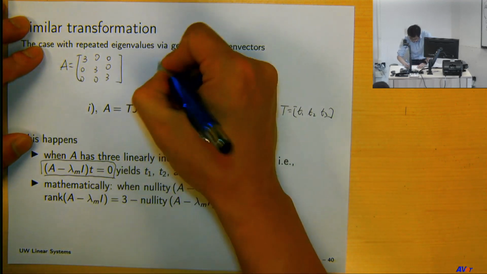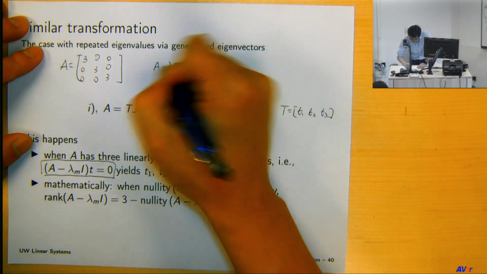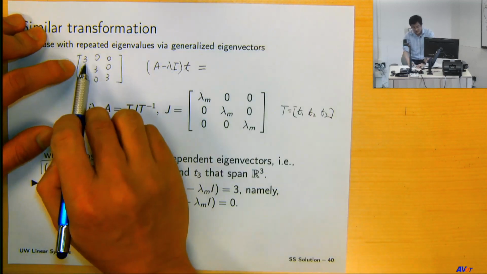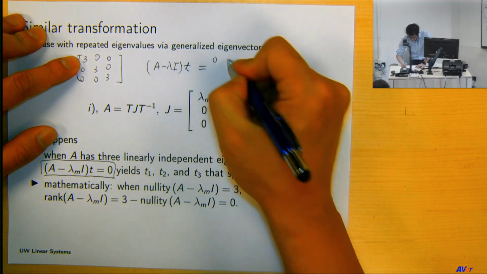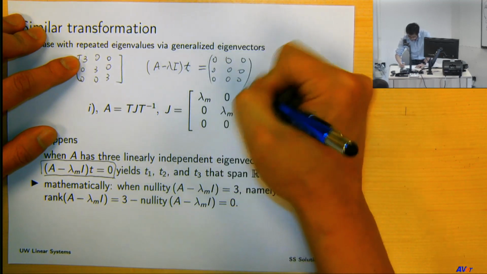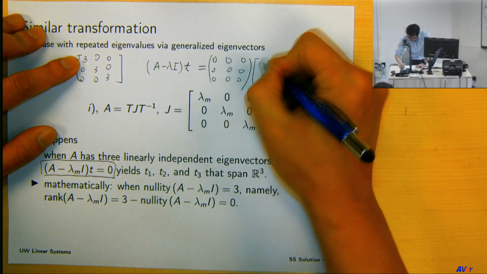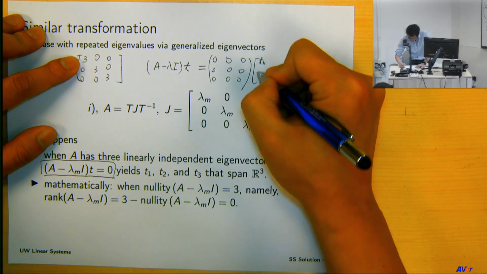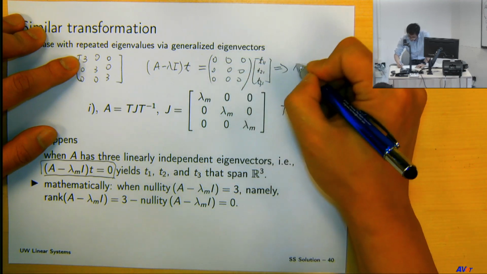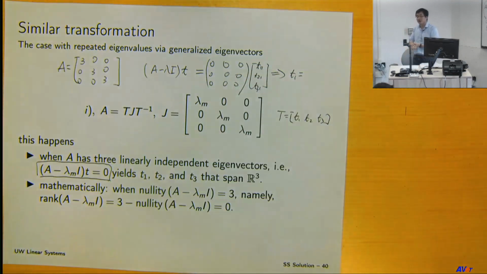So let's see. A minus lambda I times T equals 0, so lambda is only 3, right? So in this ideal, simple example, you can see I have choices for 3 independent eigenvectors, right?